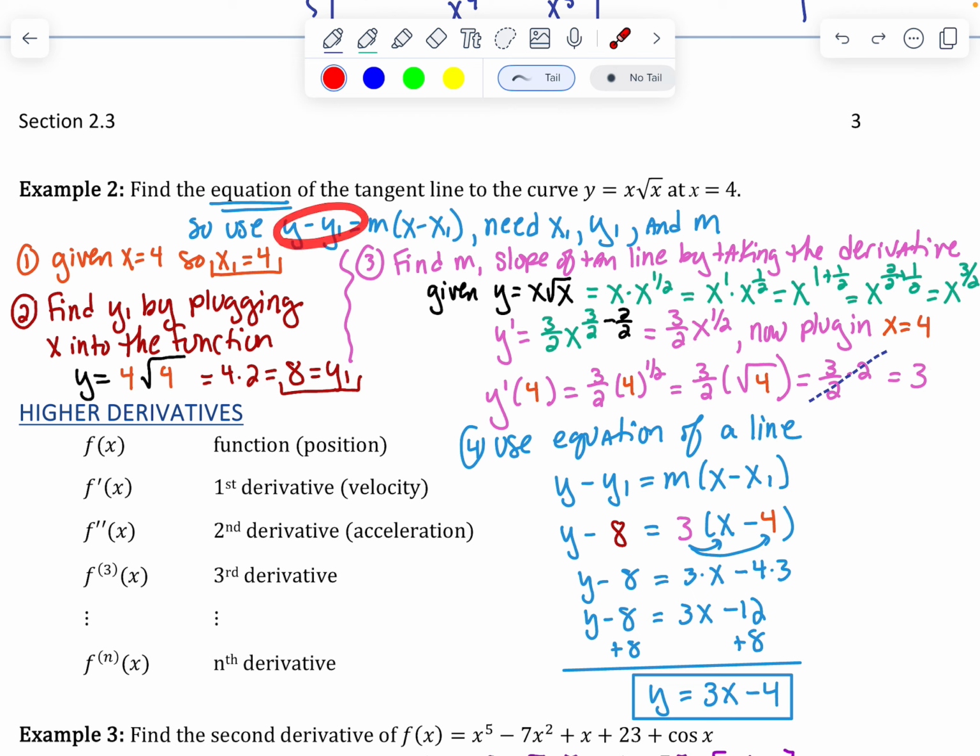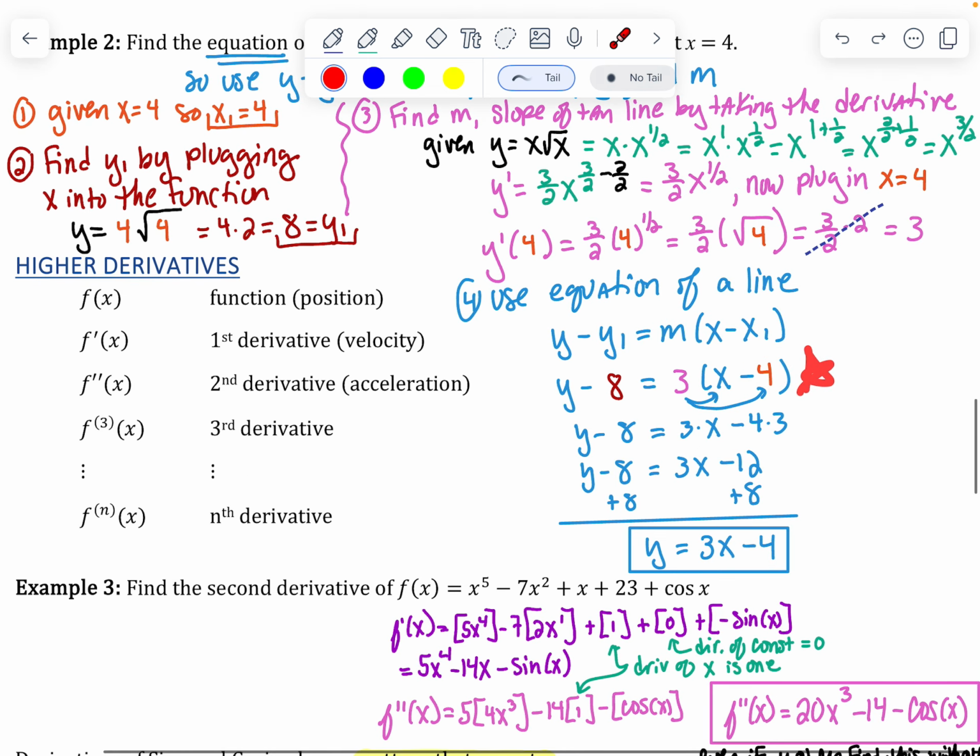So I've got y minus y1, where we found that y1 equals 8. I've got equals the slope m, and we found that m is 3. And times x minus x1, where x1 was given to us in the question as 4. So I just need to clean this equation up.